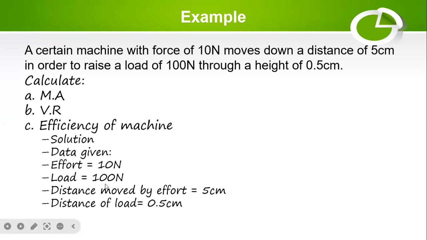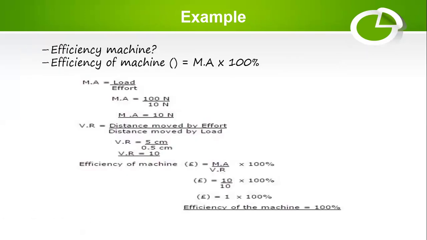The distance moved by effort is 5 centimeter, while the distance moved by load is 0.5 centimeter. Efficiency equals MA upon VR times 100%. MA is load over effort, so 100 Newton divided by 10 Newton, MA equals 10.